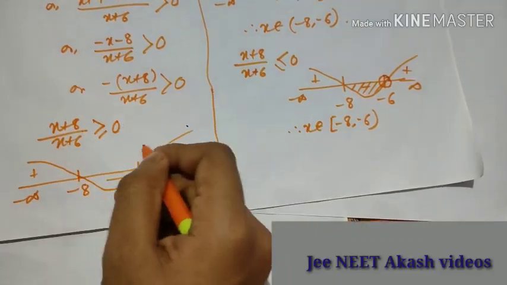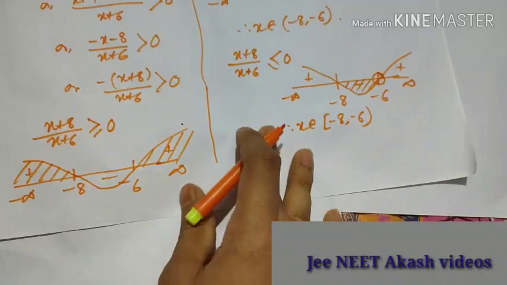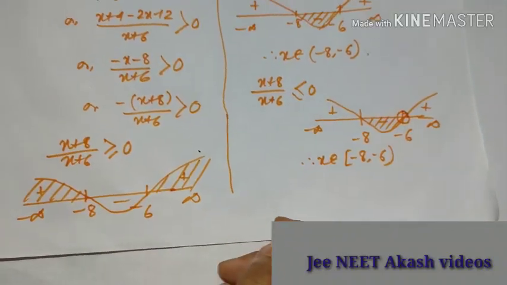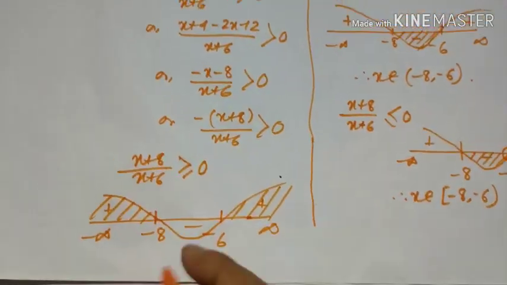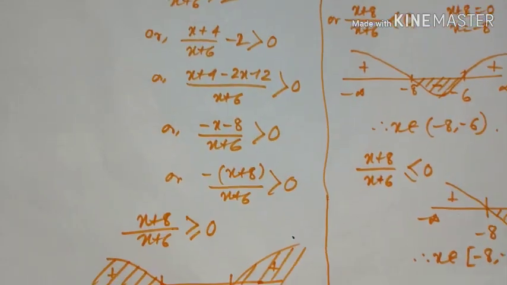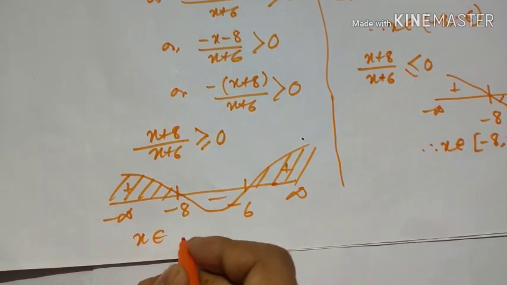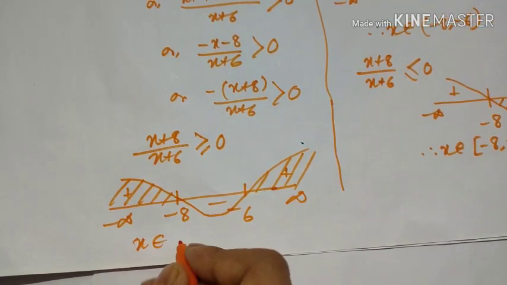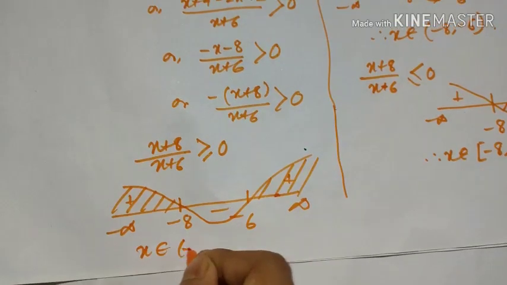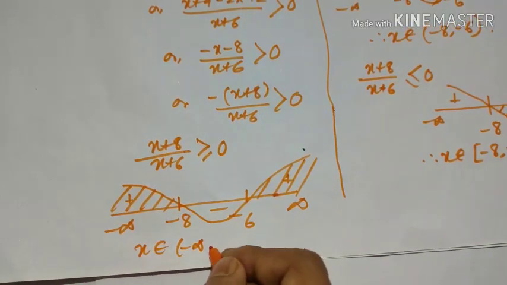Here the function is positive, so the region should be this. x belongs to minus infinity to -8.